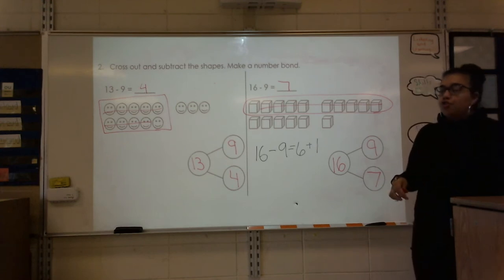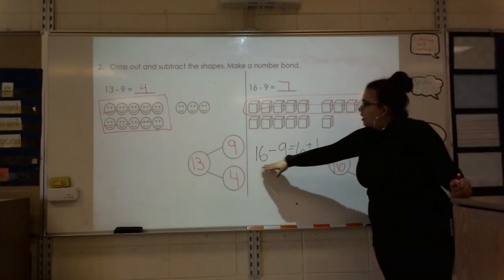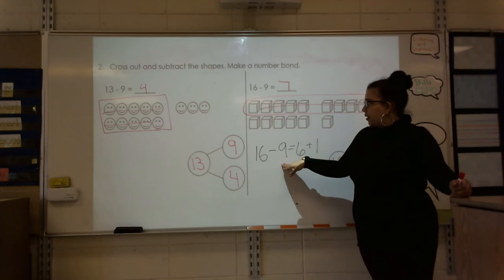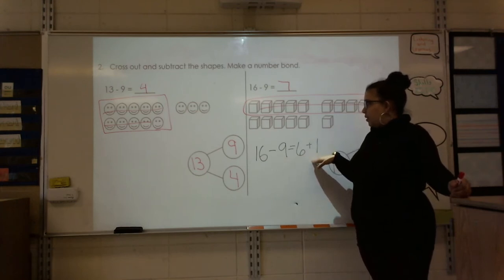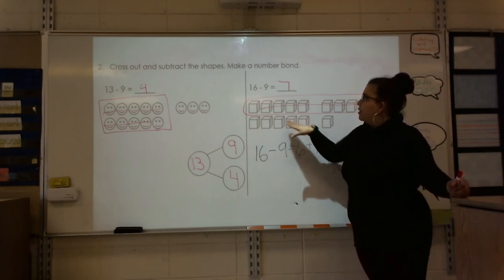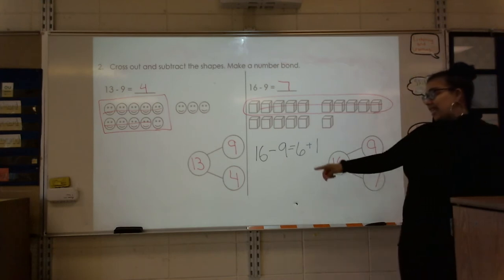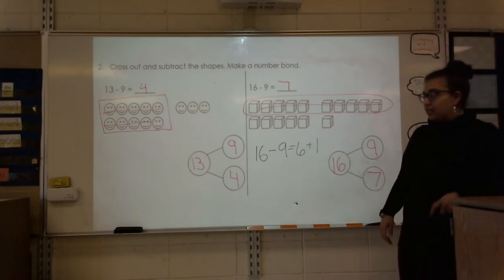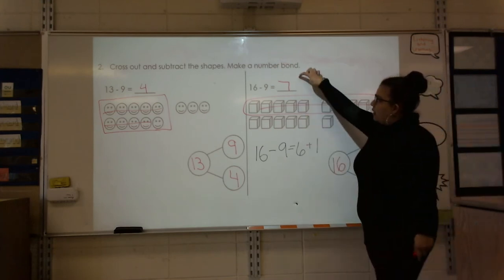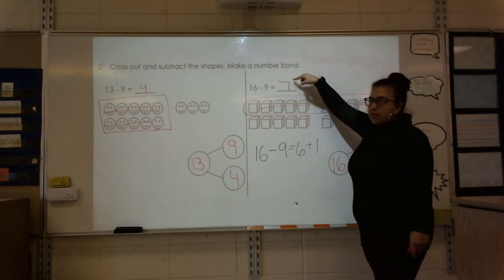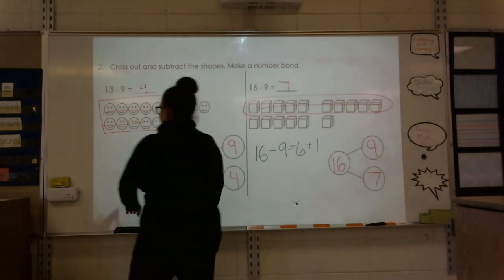This is true, yes, because look, this is our whole minus our part, and these are the two pieces we put together to find out what was left, the 6 and the 1. So that means 16 minus 9 is equal to 6 plus 1, leaving our missing part, our answer, 7. All right, let's keep practicing.